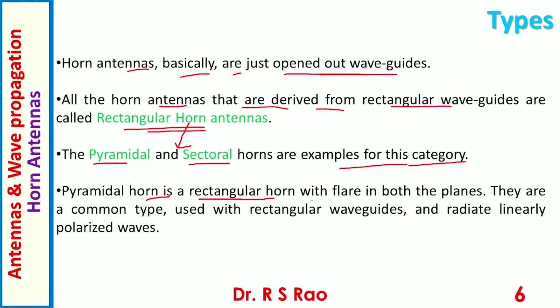Pyramidal horn is a rectangular horn with flare in both the planes. They are a common type used with rectangular waveguides and radiate linearly polarized waves. Polarization is linear. So a pyramidal horn is a rectangular horn in which the flare is in both the planes.